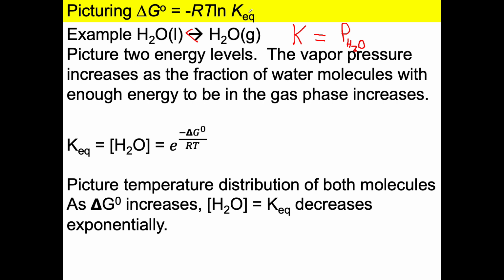So this equilibrium constant is going to be much less than 1, because the pressure is much less than 1 atmosphere. So this is the natural log of something much less than 1, which is negative. Two negatives, this becomes positive. So delta G is a positive number for evaporating water, or water in equilibrium with the gas phase.